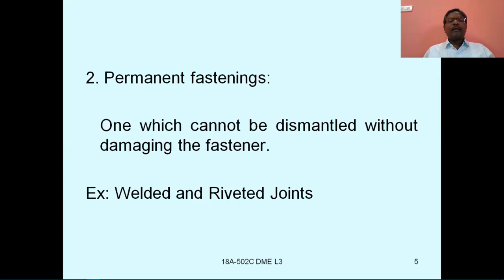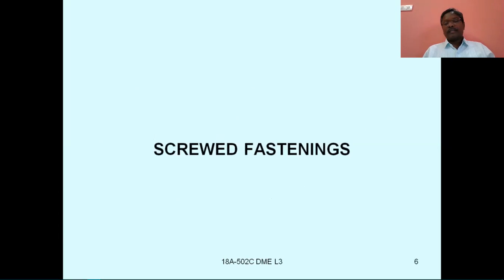Temporary fastenings can be dismantled and assembled at the will of the operator, and permanent joints cannot be dismantled without damaging the fastener. Today we are going to discuss temporary fastenings, in particular screwed fastenings.